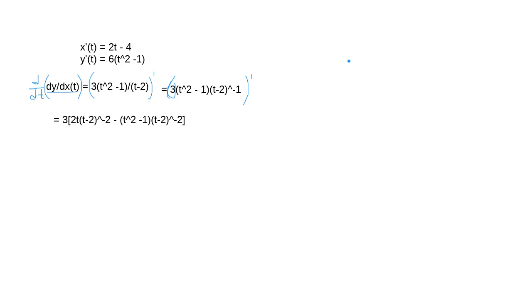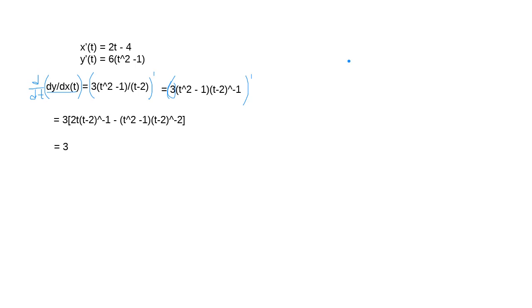Now I simplify a little bit. This equals 3 times... I did something wrong. 2t times t minus 2 raised to negative 1, right? How do I get negative 2? Then minus t squared minus 1 multiplied by t minus 2 raised to negative 2, right?